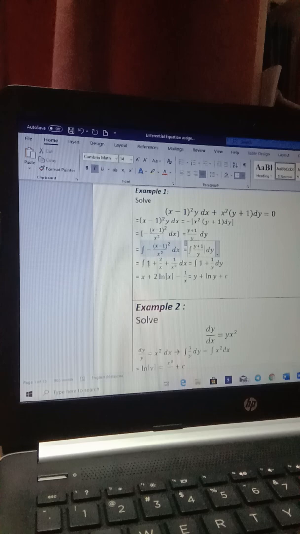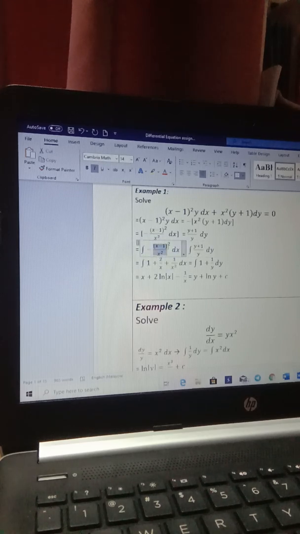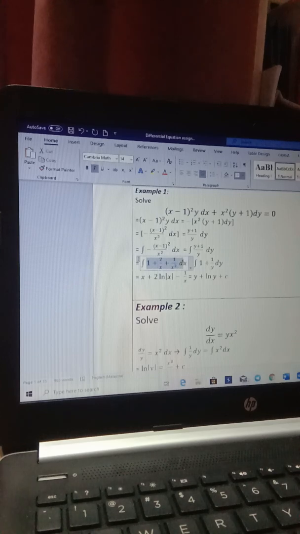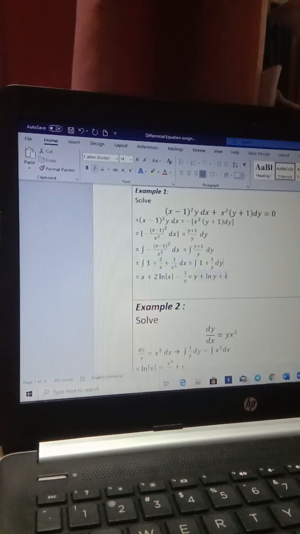Actually we need to expand (x minus 1) squared and divide by x squared, so we get 1 plus 2 over x plus 1 over x squared dx, and also for the other side.